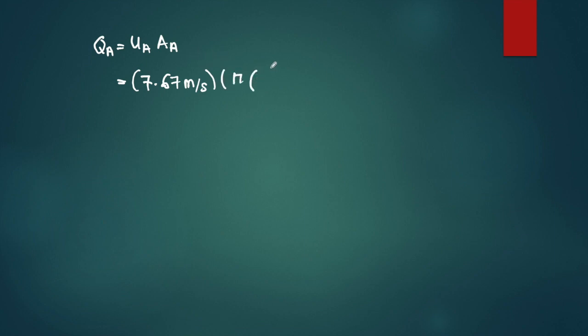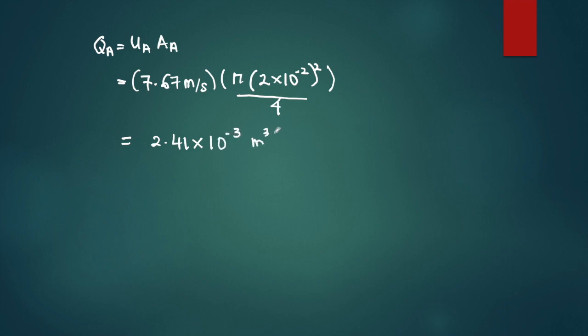The diameter for A is 2 times 10 to the power of minus 2. This is in centimeter, so you have to change into meter. So pi times diameter squared divided by 4. Therefore, your QA is equal to 2.41 times 10 to the power of minus 3 meter cube per second. So you already solved the first question A.